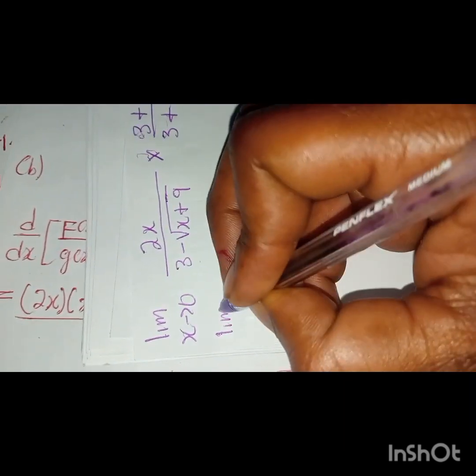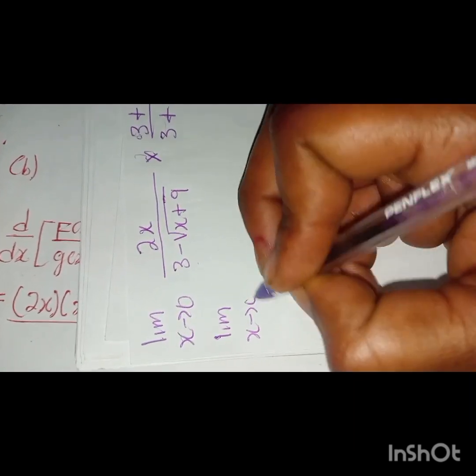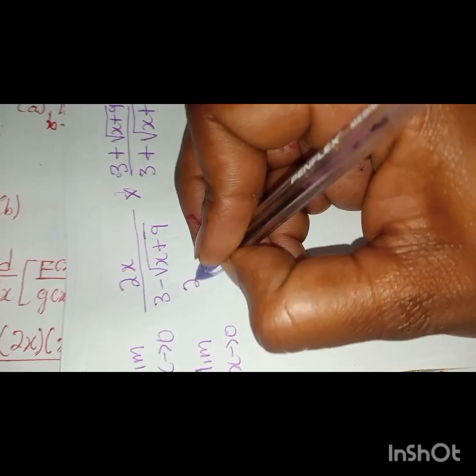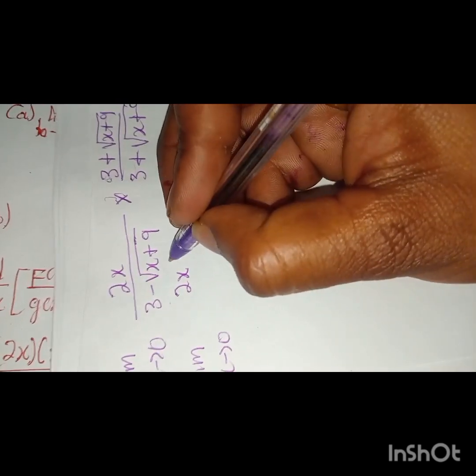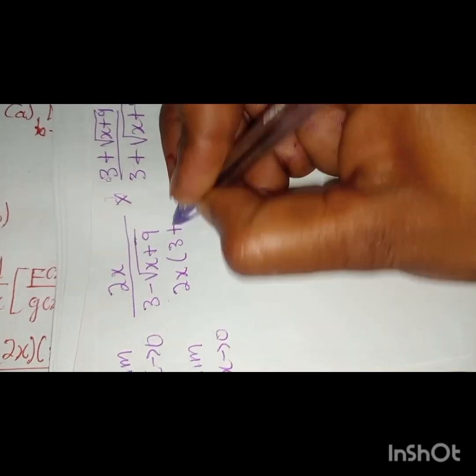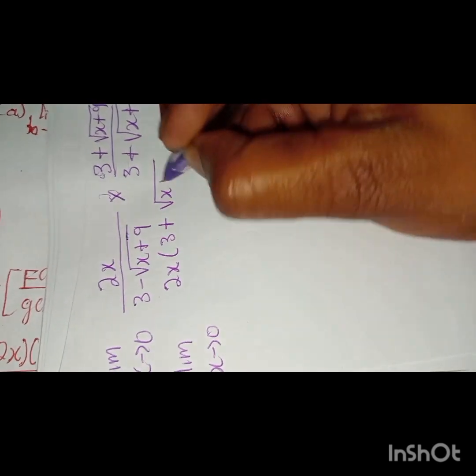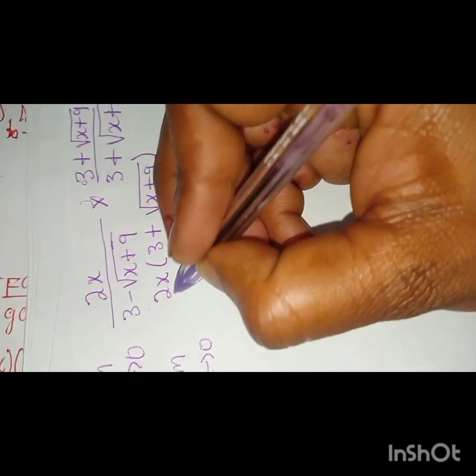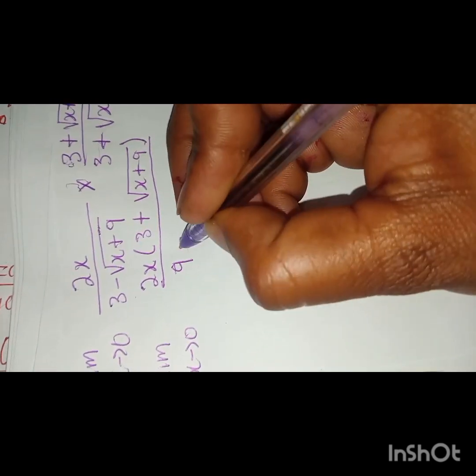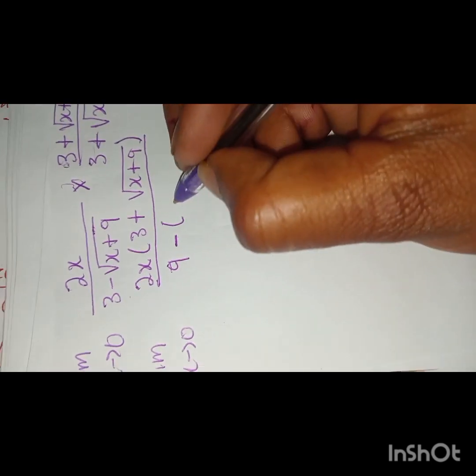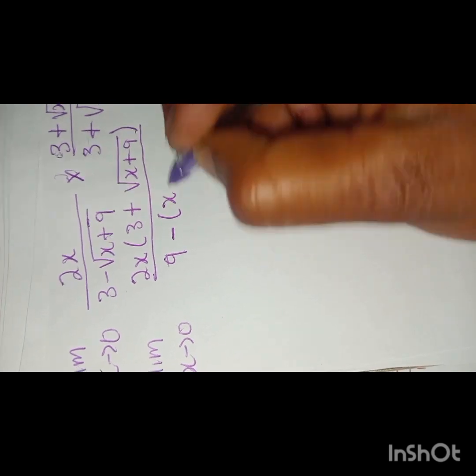The limit as x approaches 0 of 2x times (3 plus root of x plus 9). So we have to work it out. Here we have 3 multiplied by 3, which is 9, minus (x plus 9).